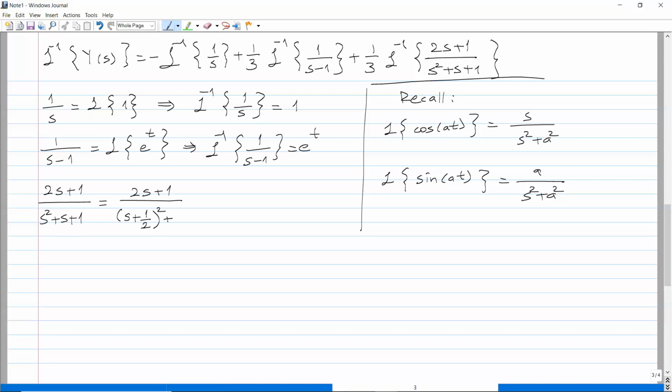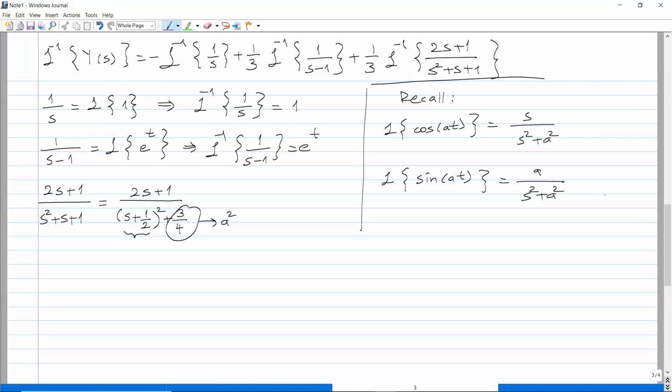So I need to add 3/4 to this to get plus 1. So this 3/4 is going to be like a squared in sine or cosine. But here, instead of s, I have s plus 1/2.